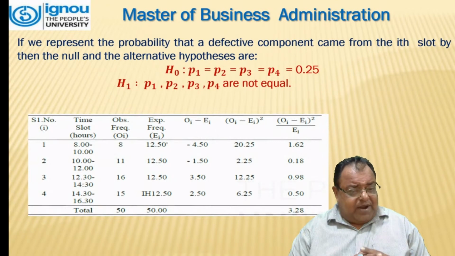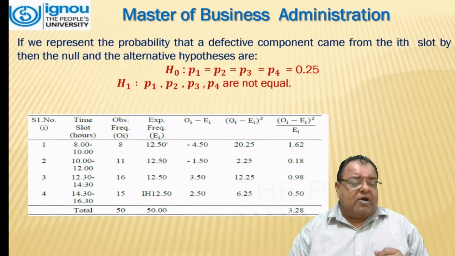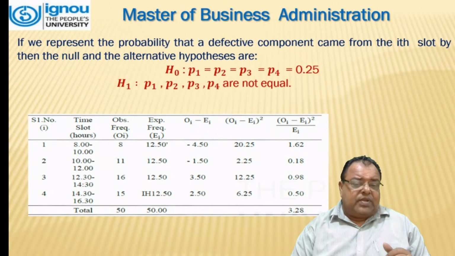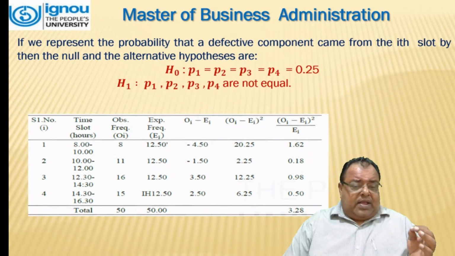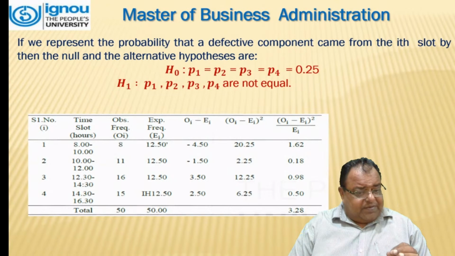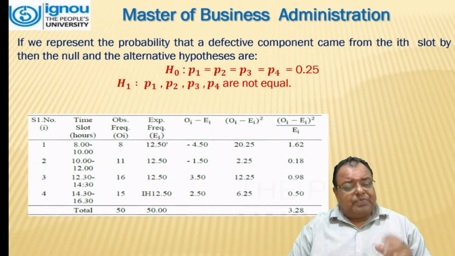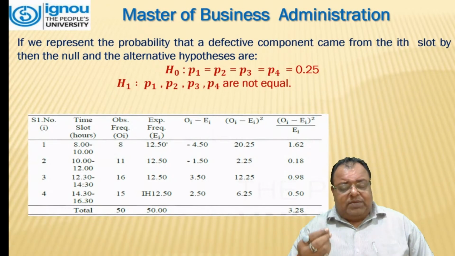We are provided with time slots and observed frequency. We have to calculate the expected frequency. We have calculated expected frequency as 12.50, 12.50, 12.50, and 12.50. We have to calculate OI minus EI.